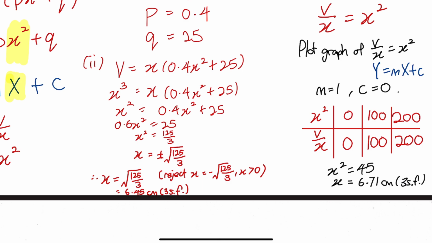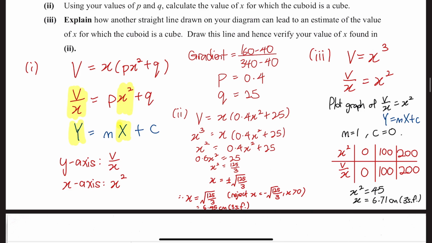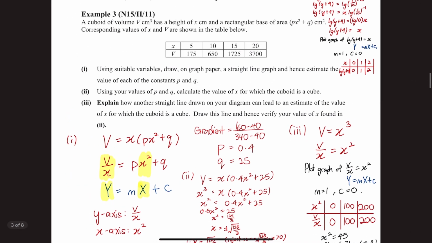If I were to compare those two values to verify, using my graph I get 6.71 and 6.45. They are not exactly the same, but somewhat close by, so therefore it should be accurate. Because this is a best fit line and drawn by hand, the accuracy really depends on your best fit line. Over here you can see that the values are close and similar, so they should be accurate. So this is for the last part of example 3.